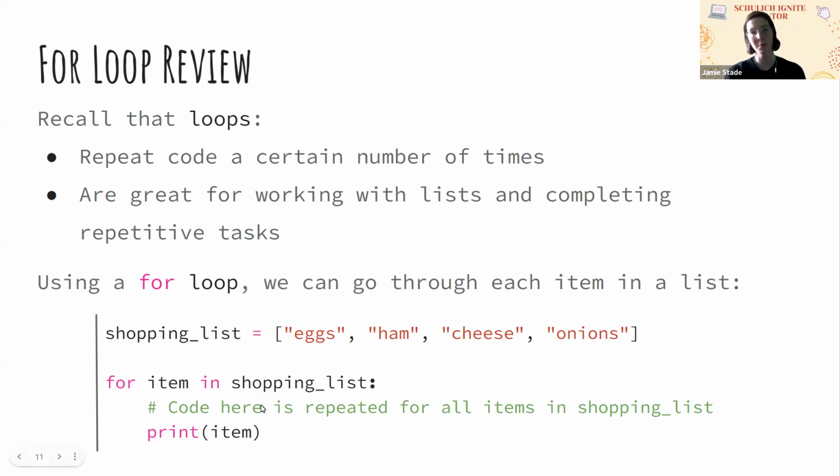So if we go for item in shopping list, it'll loop for every item in this list. First time through the loop, item is equal to eggs, then ham, then cheese, then onions, and each of those prints whichever item. And once we reach the end, we continue on to whatever code is after that.